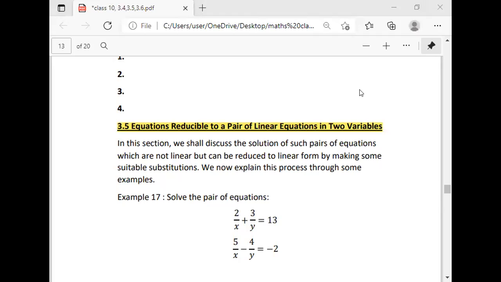So 2 upon 3, we can take 2 common, then 1 upon x. But how will you take 2 common from 3 upon y? We will not take 2 common in 3 upon y.